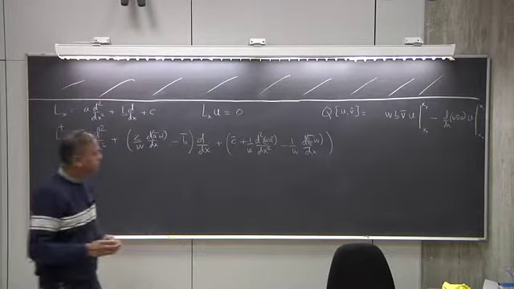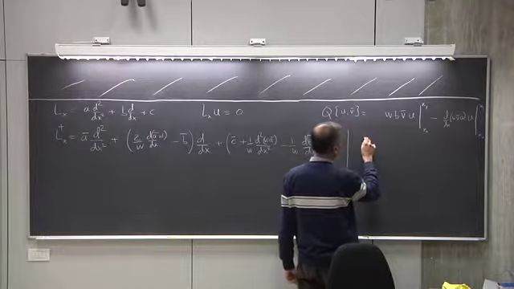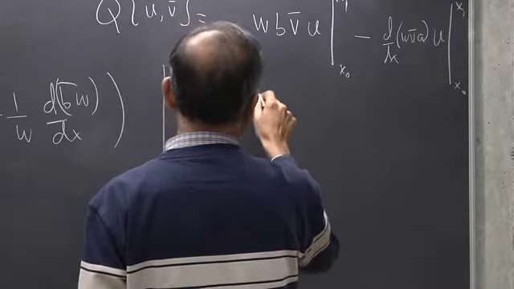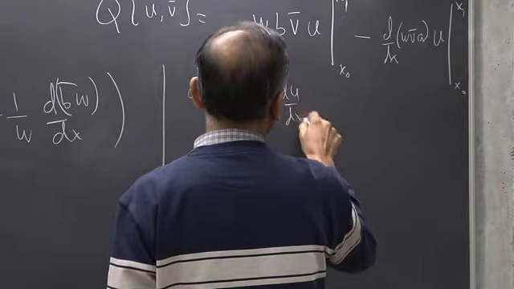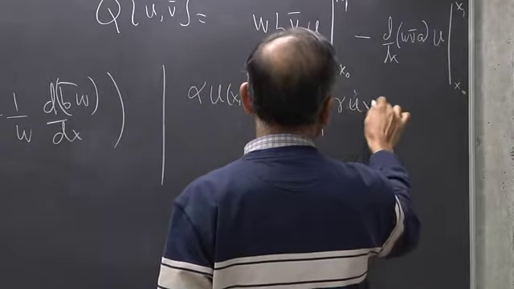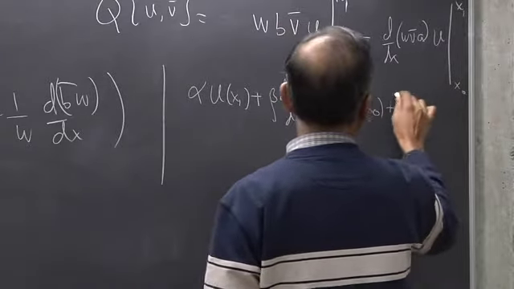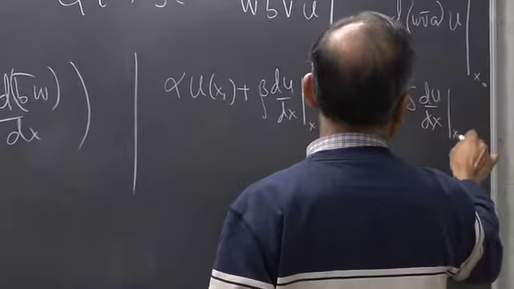So in other words, for u and v, the boundary conditions will look like some alpha u(x1) plus beta du/dx at x1 plus gamma u(x0) plus delta du/dx at x0.